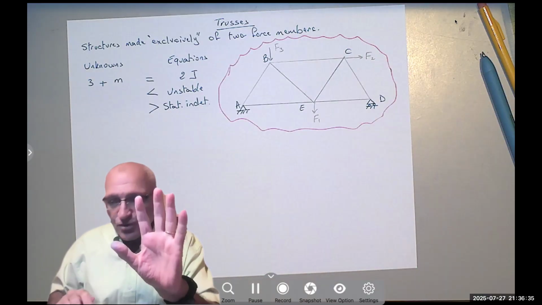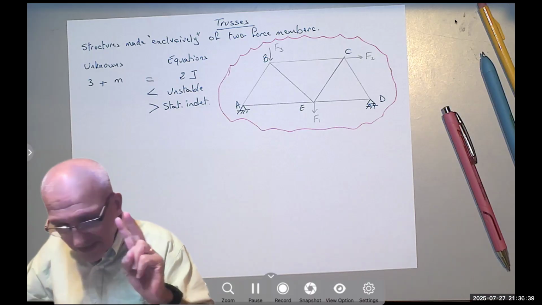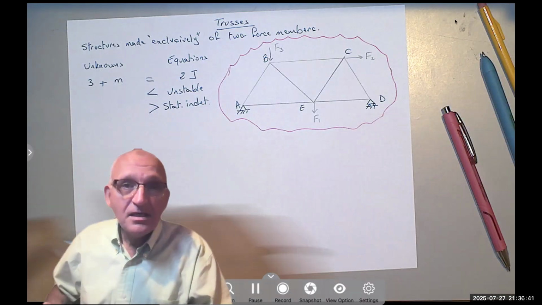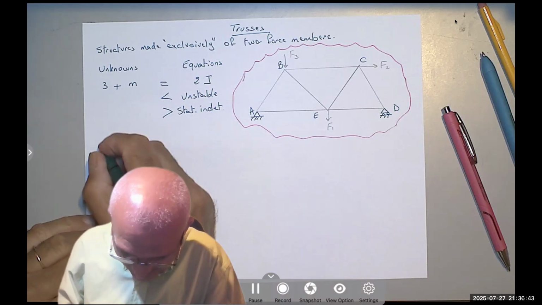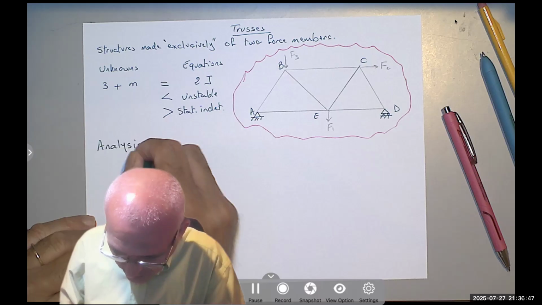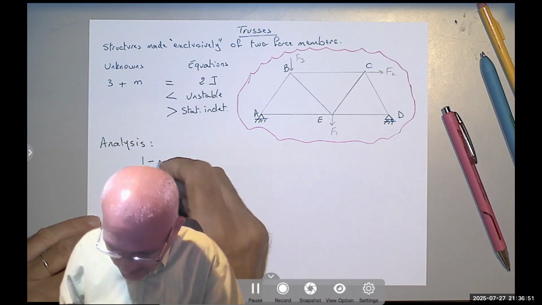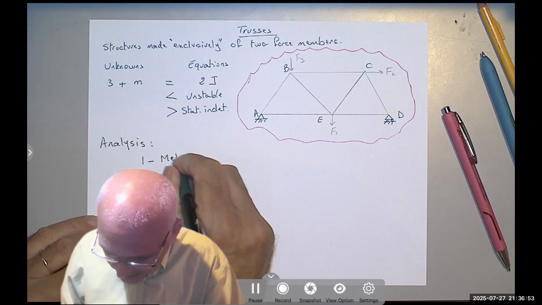Before we continue, we have to say we have 2 ways of analyzing trusses. The first method that we are going to use today is called the method of joints.